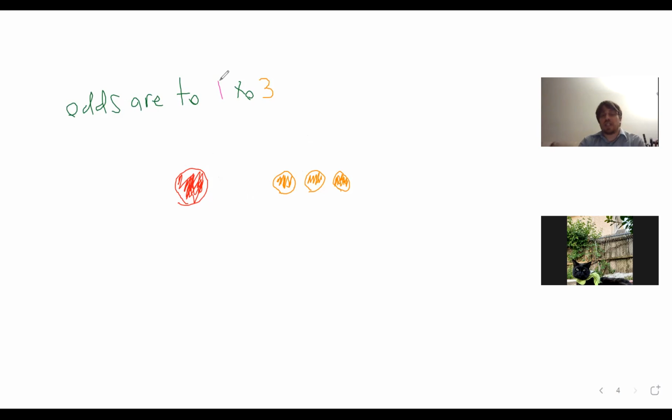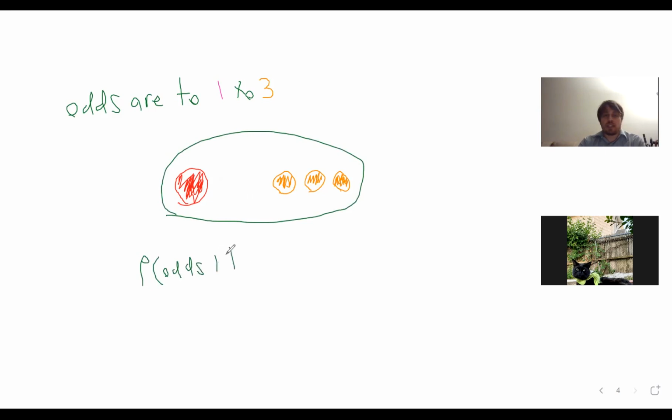So since there's a 1 to 3 correspondence between happening and not happening, every time you see this once, you see 3 not. And so the probability for odds 1 to 3 would be 1 over 1 plus 3, which is 1/4.